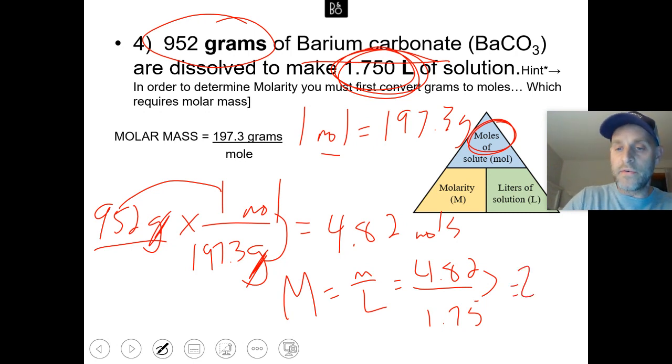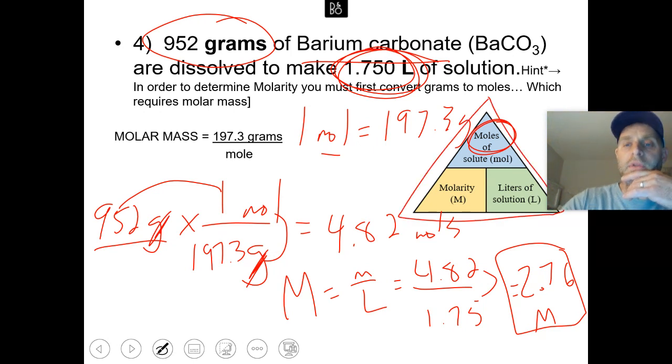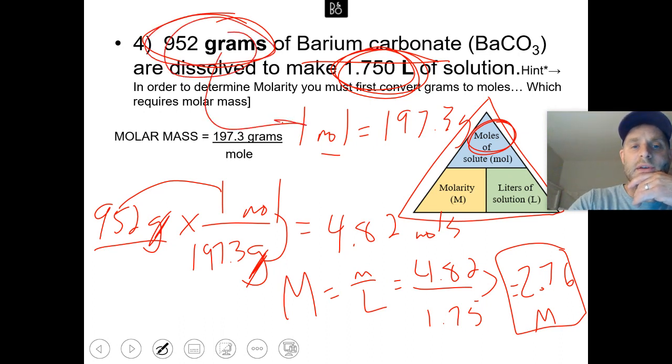I got 2.76, and the units is molarity. 2.76 molar. That's it. So it's really nothing new. I'm not saying it's easy, but I'm just doing my molarity triangle, but I have to convert grams over to moles.